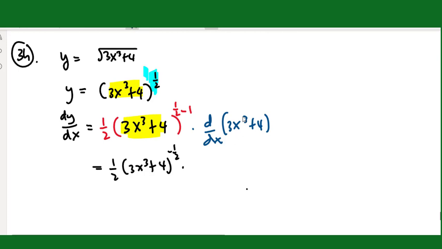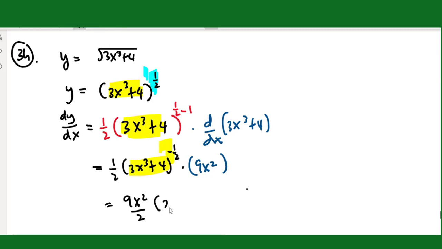Now differentiate this term. You get 9x squared plus 0. Differentiate 4, a constant, and you get 0. The next step, rewrite: just 9x squared over 2. Bring this one down.